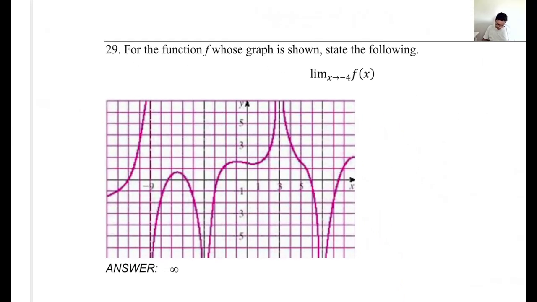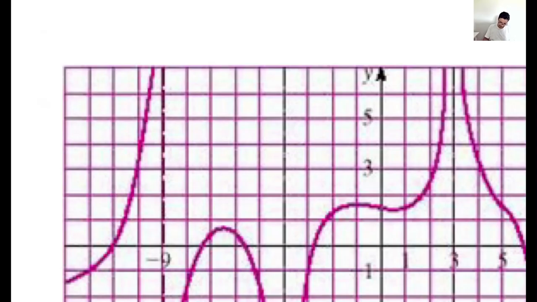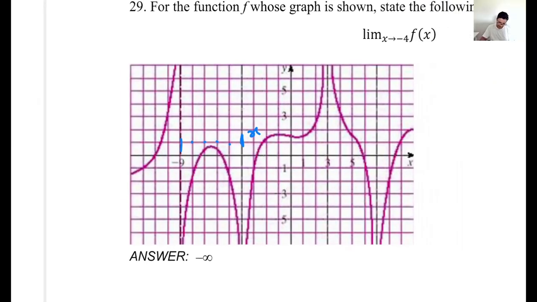What else? X approaches -4 of f of x. Let us look at where -4 is. -9 is here. So 8, 7, 6, 5, 4. Okay. And there is a vertical asymptote there.